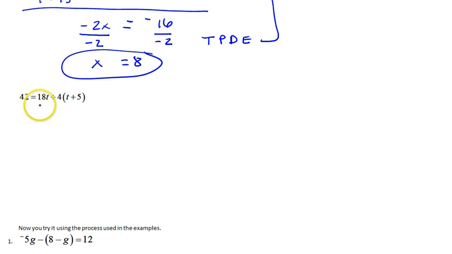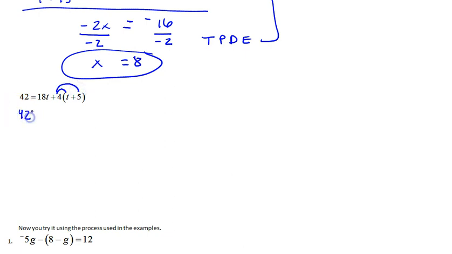I have 42 equals 18t plus 4 times, in parentheses, t plus 5. Now you'll notice here I have the distributive principle. I'm going to have to deal with that before I can simplify this side of my equation. So I'm going to distribute my 4 across the parentheses.